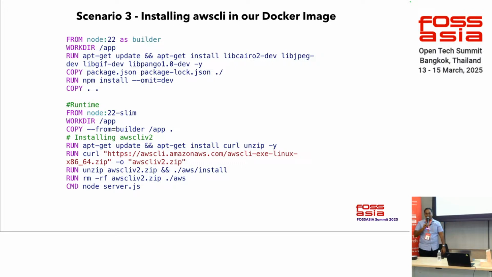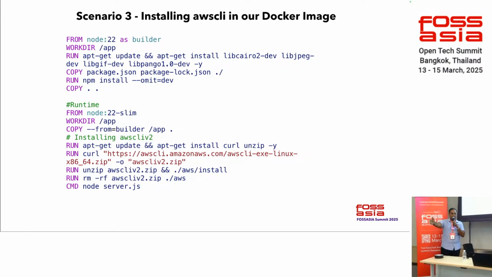Why? If you would make another image based on that image, then it would work. You delete it in the same layer. Yeah, absolutely. I think he got it right.